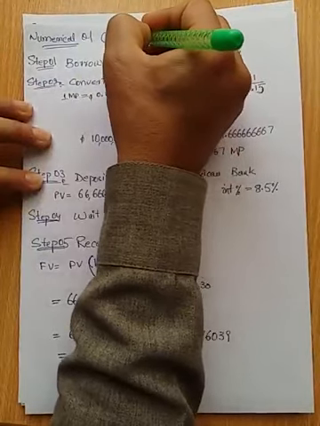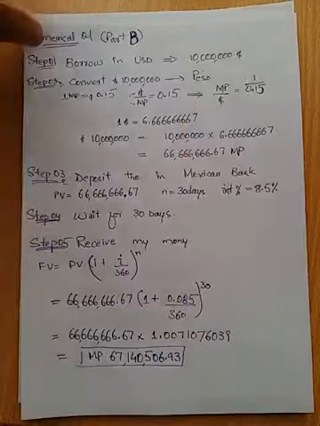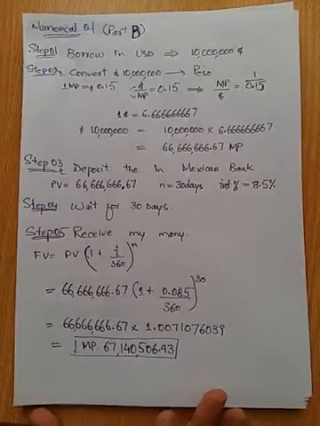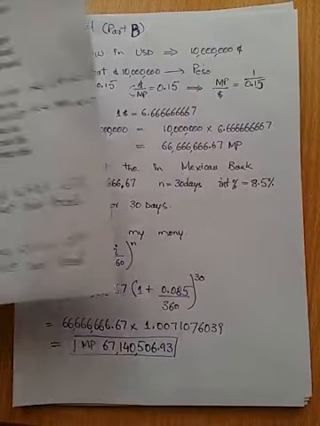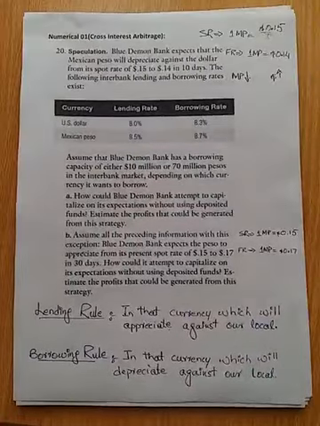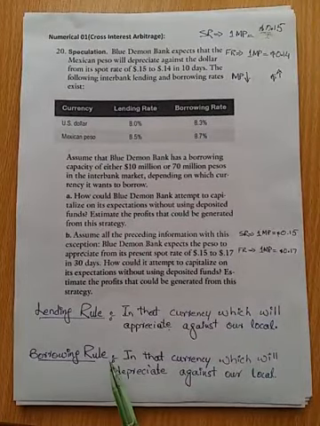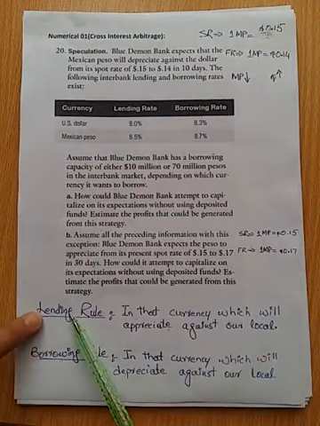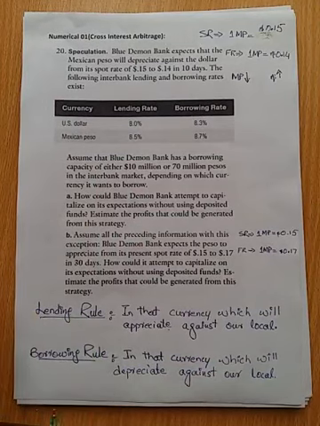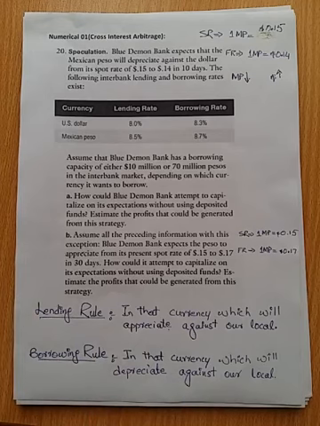Although I was using B, but mistakenly I wrote here A. Okay, so let me conclude this thing. The conclusion of this thing is that this is how you can make profit. We did the numerical in 2 parts. Part A, we learned borrowing rule, and part B, we learned the lending rule. And ladies and gentlemen, the technique remains constant for the rest of the numericals as well. So you would be in a position to solve other numericals by yourself too.